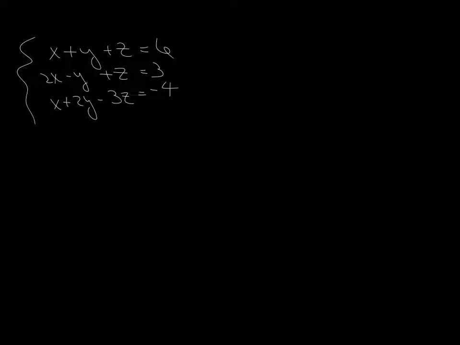So, in order to solve a system that has three different variables in x, y, and z, we can only do two equations at a time. When you're adding numbers, you can only add two numbers at a time. When you subtract, two numbers at a time. When you multiply 3 times 4 times 5, you don't multiply them all at once. You multiply 3 times 4 is 12, times 5 is 60.